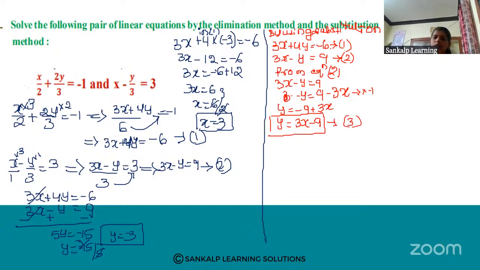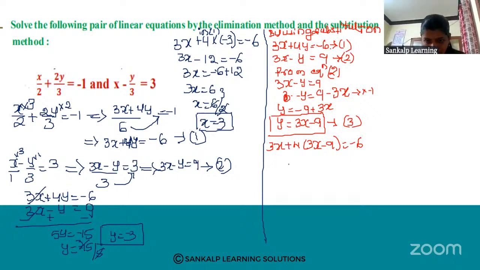Now, substitute the value of y in equation number 1. I have taken the y value from equation number 2, so substitute this y value in equation number 1. Equation number 1 is 3x plus 4y, y value is 3x minus 9, is equal to minus 6, right?